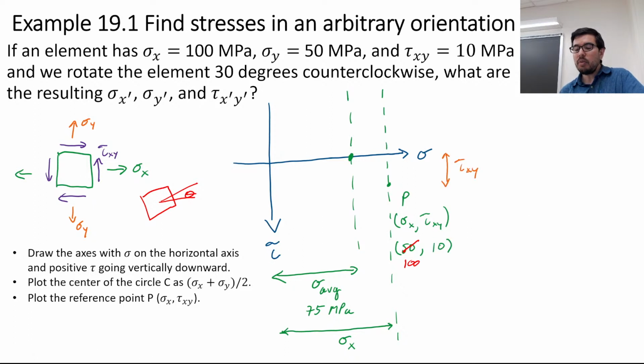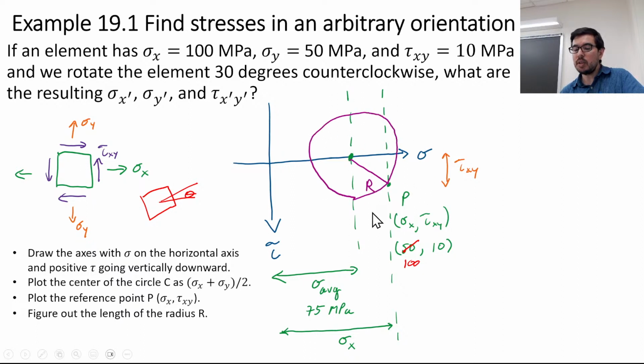And then after we've plotted it, we have to figure out the length of the radius. So we want to figure out the radius of Mohr's circle. Okay, and we do that, as you see here. And then once we've got the radius, we can figure out things like, what is the new sigma x prime associated with a degree of rotation?